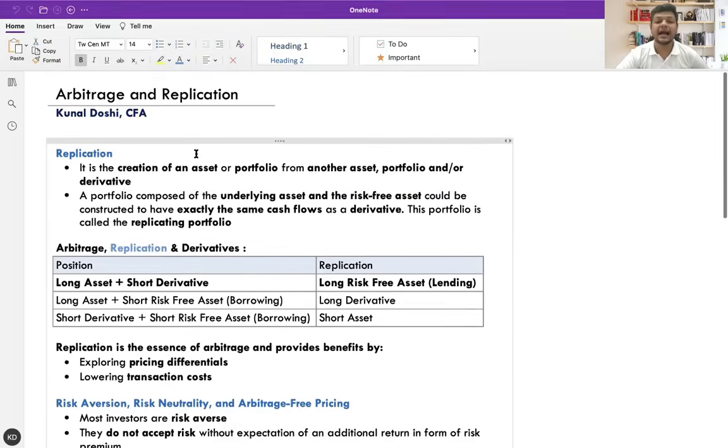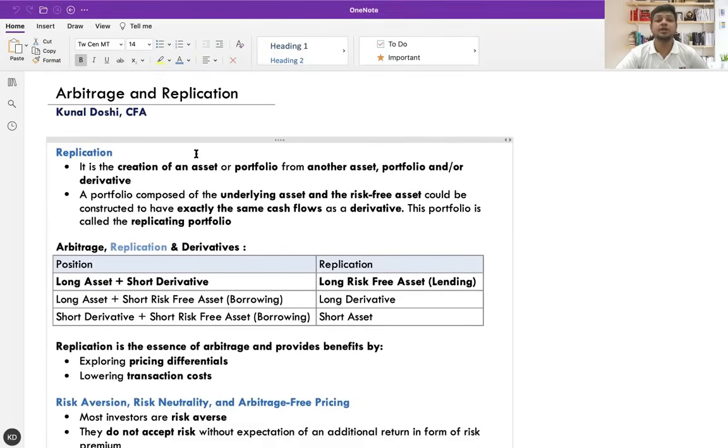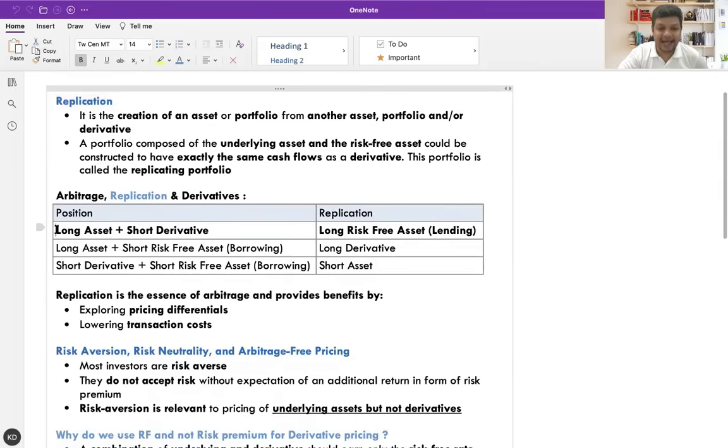But before that, I need to discuss with you what is replication. Replication is like, what position you can take in derivatives which replicates something. For example, when you buy an asset and short a derivative like futures. So you have bought a stock and you've sold a futures on it.